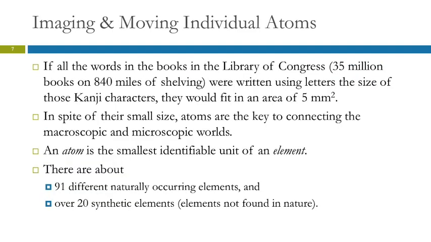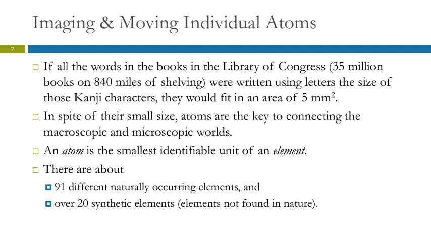So just to help you get an idea of how small atoms are, the Library of Congress has about 35 million books. And if you add up the length of all the shelves, it's 840 miles of books on shelves.